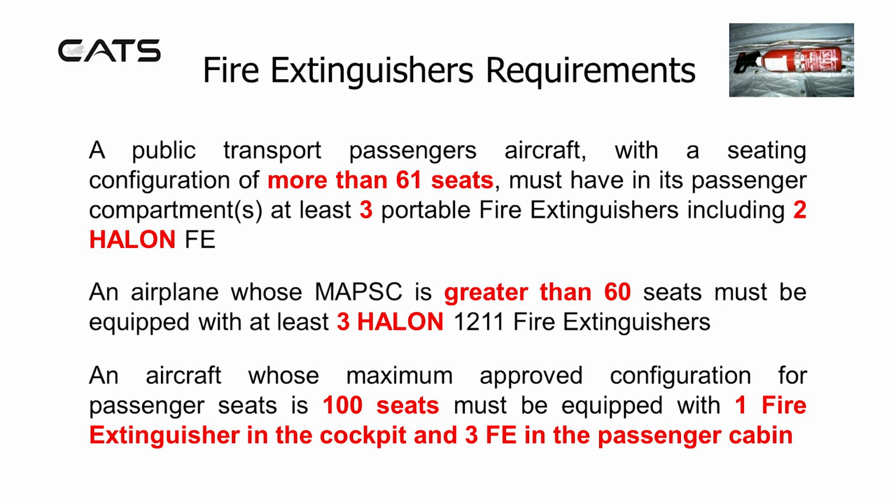This is a whole aircraft. Don't forget one up in the flight deck. An aircraft whose maximum approved configuration for passenger seats is 100 seats must be equipped with 1 fire extinguisher in the cockpit and 3 fire extinguishers in the passenger cabin.